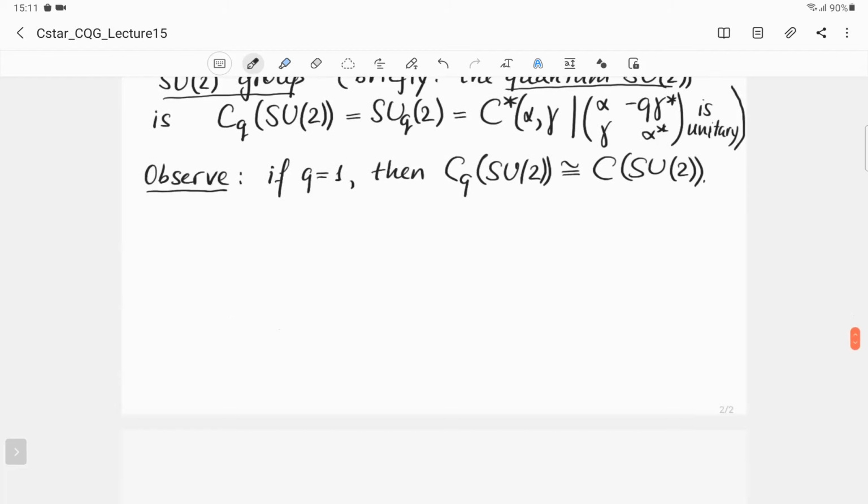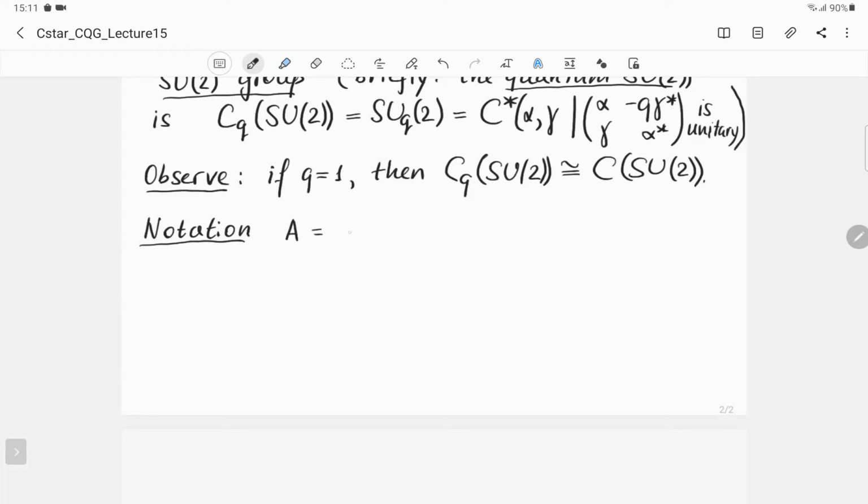So let's now introduce some notation. Suppose that A is a star algebra. Should it be unital?